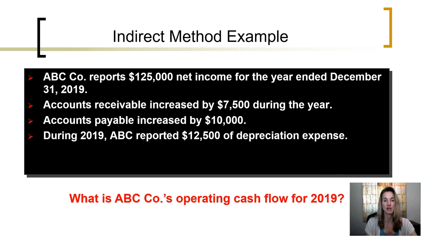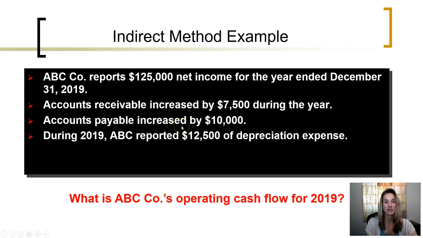Looking at an example of the application of the indirect method to calculate cash flows from operating activities, we are going to use ABC's information provided here. ABC, on its income statement, reported $125,000 of net income for the year ended December 31st, 2019. They had one non-cash current asset account, accounts receivable, which increased $7,500 during the year.